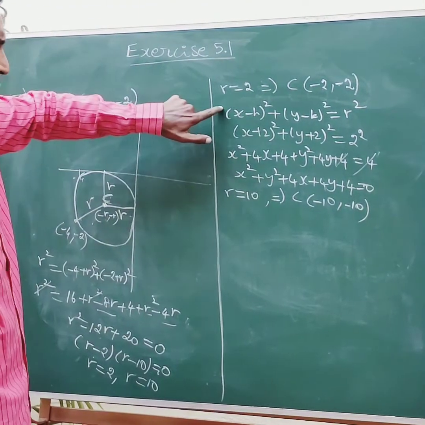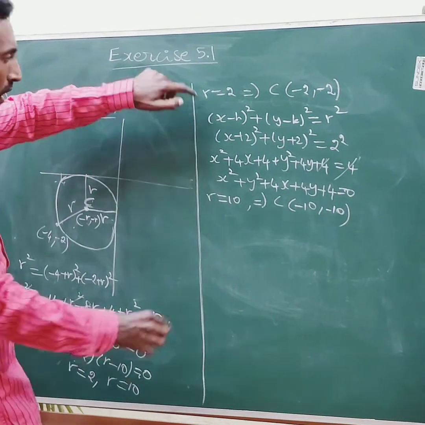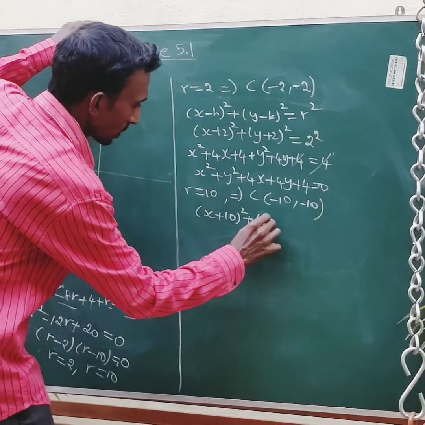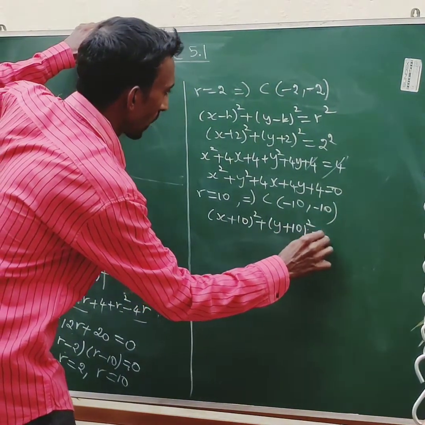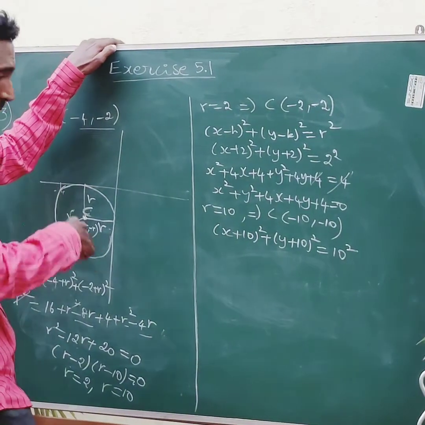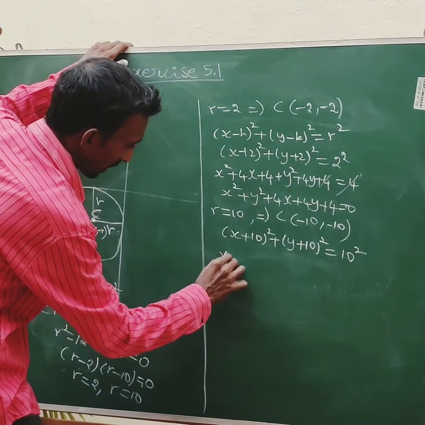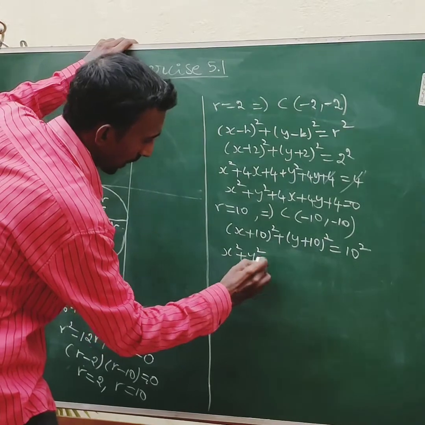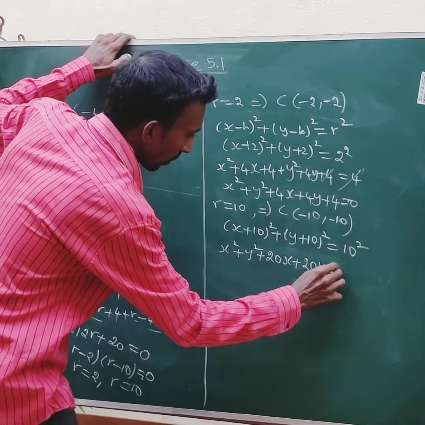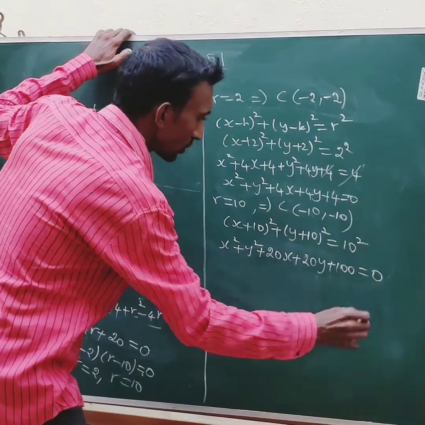Again use the above formula. We are getting x plus 10 the whole square plus y plus 10 the whole square equal to 10 square. Again expand this and simplify. We get the answer x square plus y square plus 20x plus 20y plus 100 equal to 0.